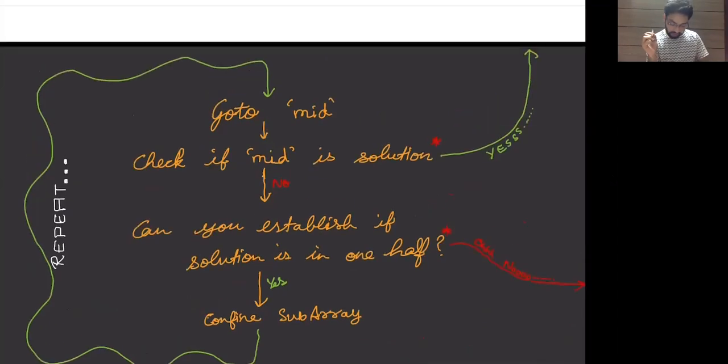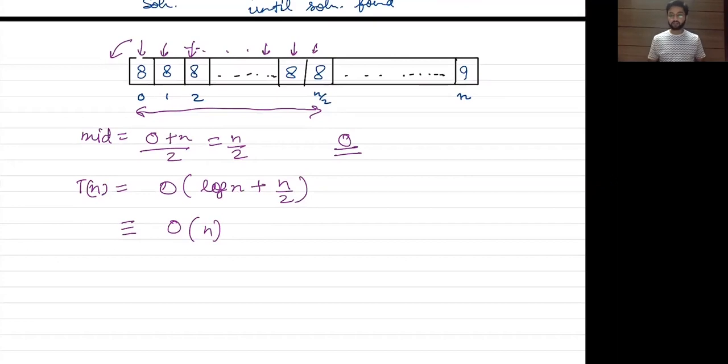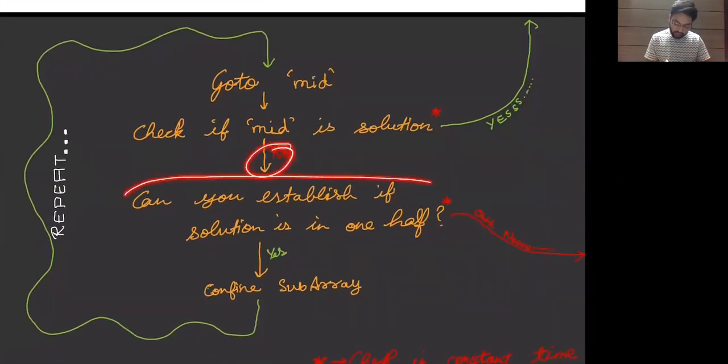So let's see in the previous case where we deviated from this approach. We did find the mid element. We did check if this is the solution or not. It wasn't. So what we had to do was, if this wasn't the solution, we had to establish if the solution is in one particular half.